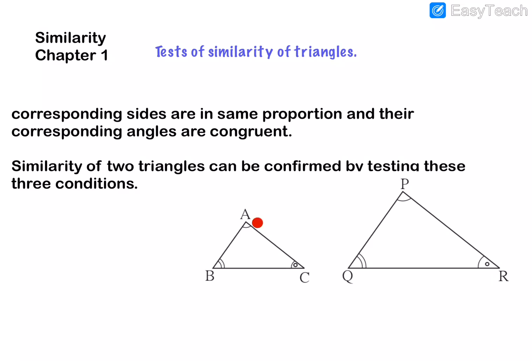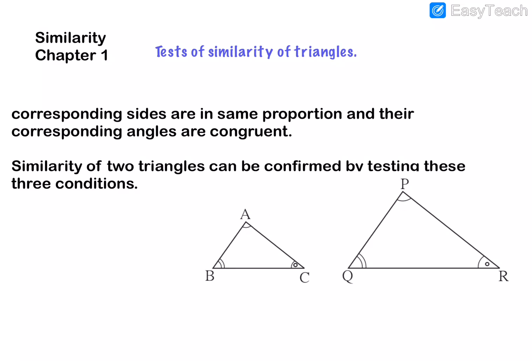When we take the ratio AB divided by PQ, it must be equal to the other sides' ratio, that is AC divided by PR. When we compare all three sides, we get the same ratio, and all angles are congruent.